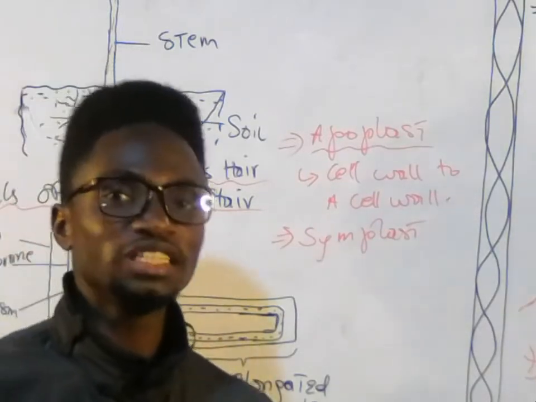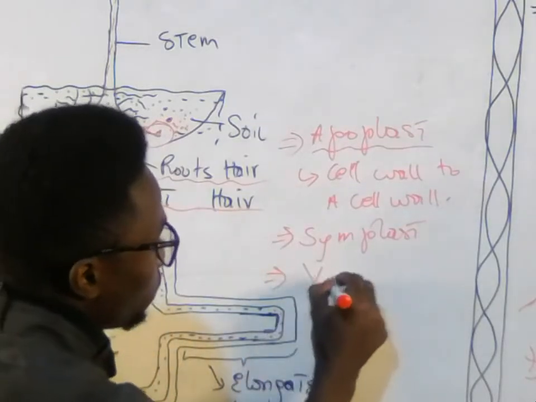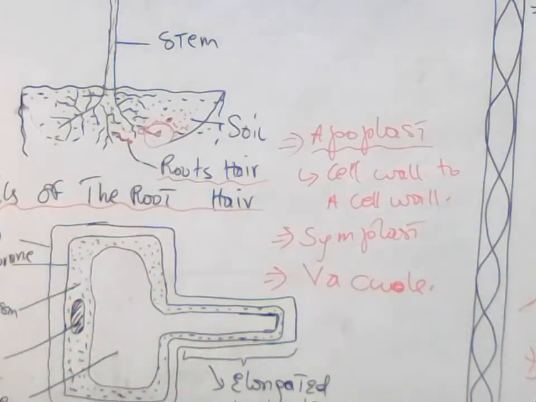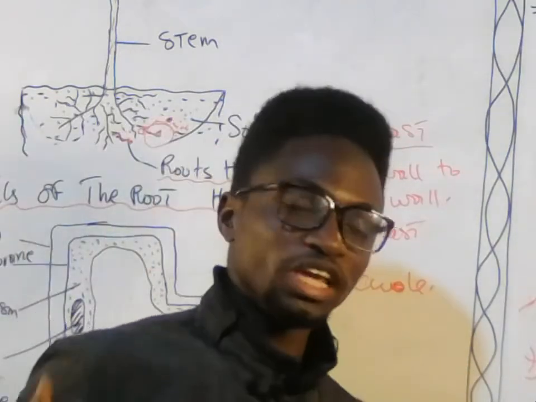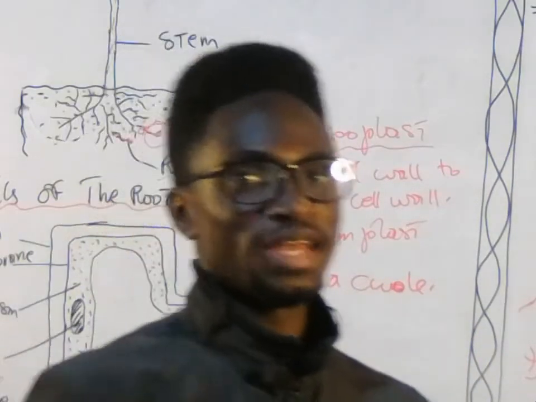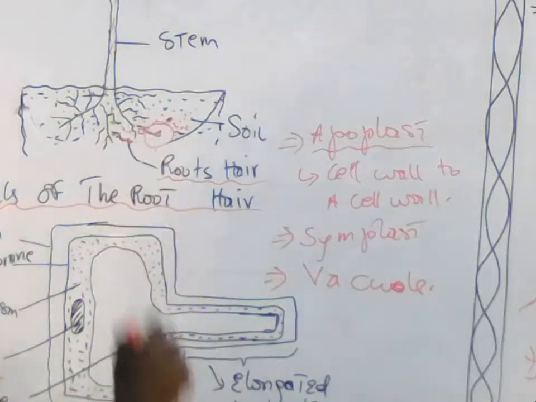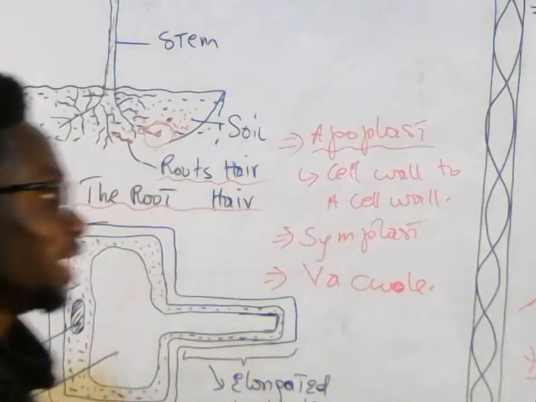Okay, then we also have another process known as the vacuole. The vacuole route is the movement of water molecules from one vacuole to another. So that's how water moves from the root hair up to the xylem tissue.